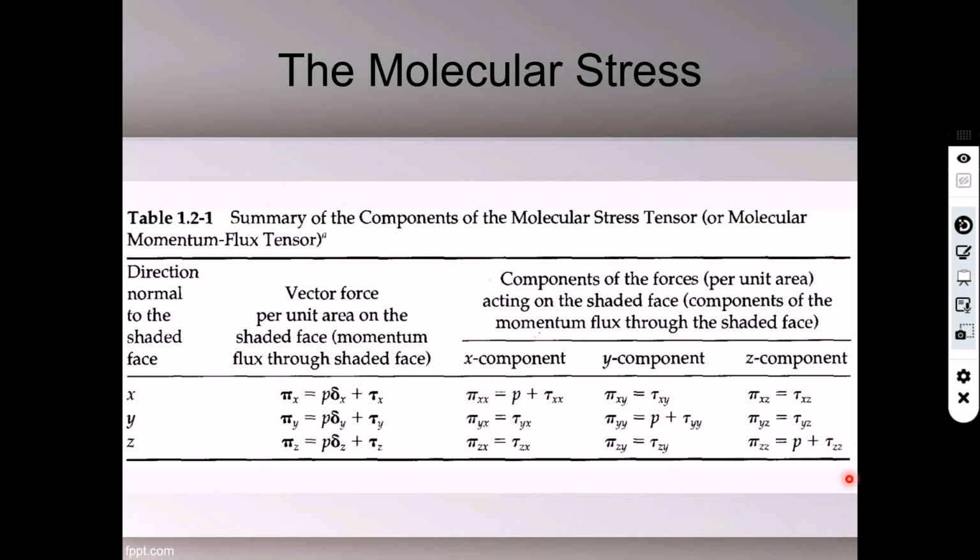All right. I know that the pressure is always perpendicular to your fluid. So you have pressure only at pi xx, pi yy, and pi zz. And for other positions, you only have shear stress. You don't have pressure. Kind of easy, right? No problem at all.